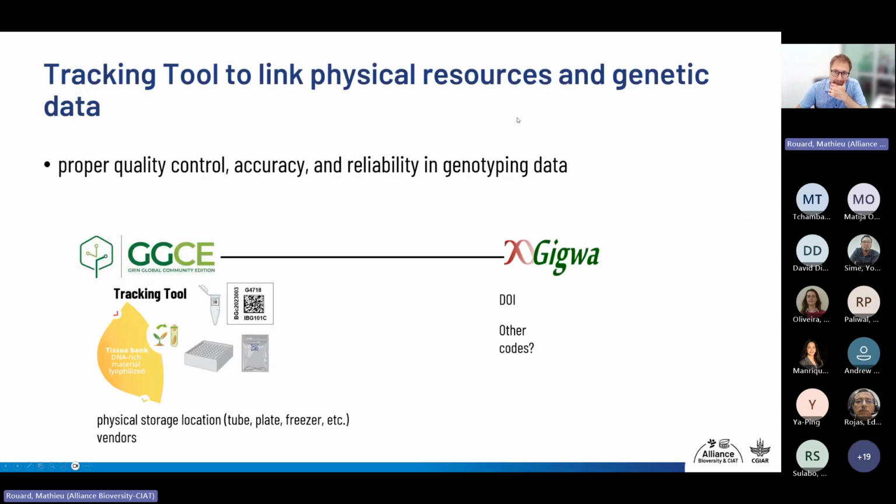And I want to finish the presentation by talking about GRIN-Global Community Edition, because I think this is what you are interested in here in the community. But I think there are ways as well to do that. I think it's very important to track information when you extract.